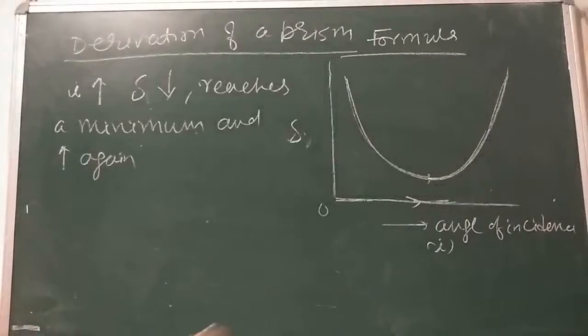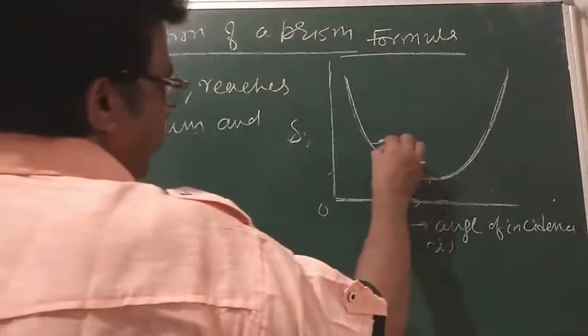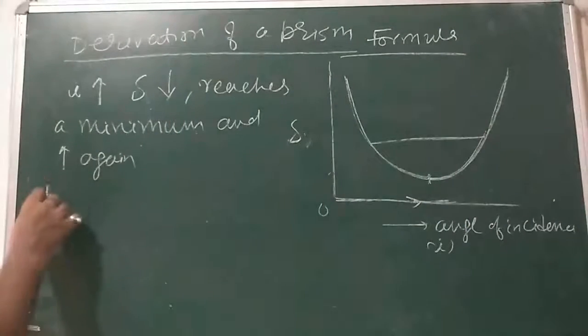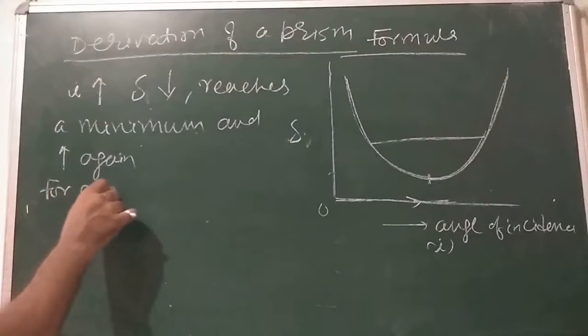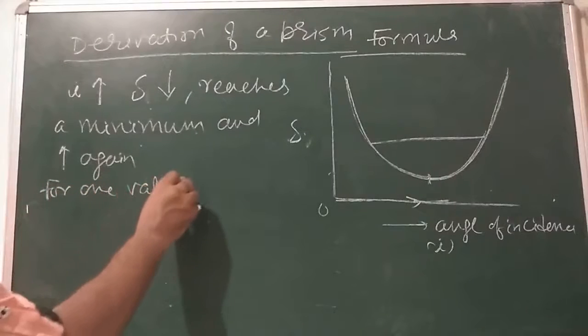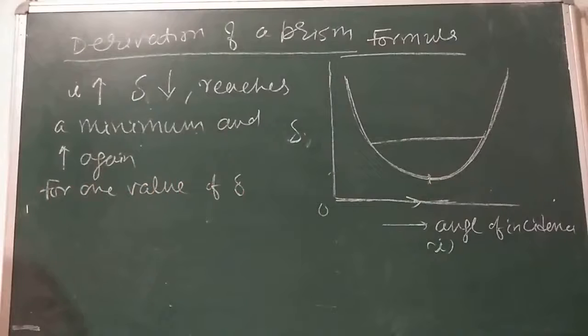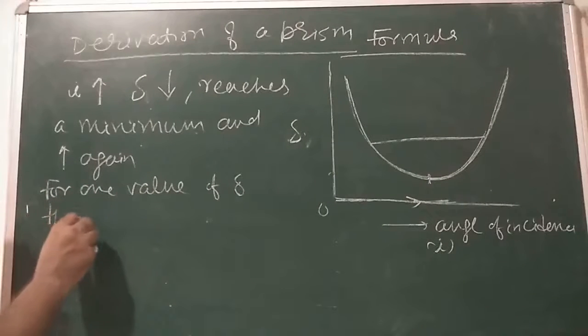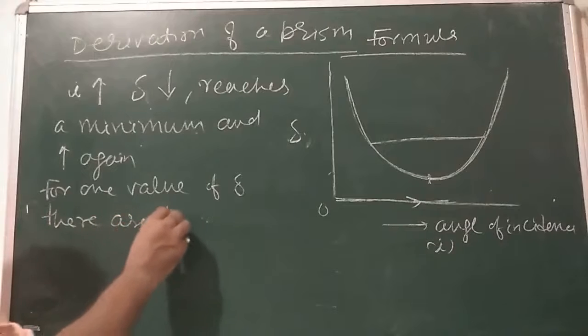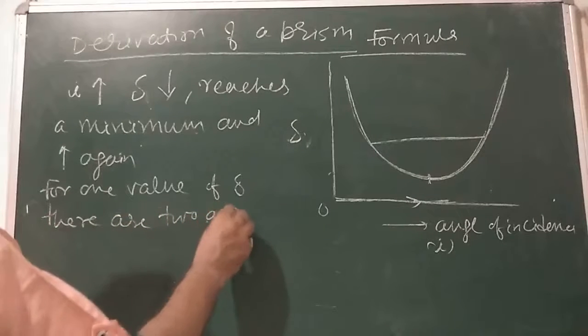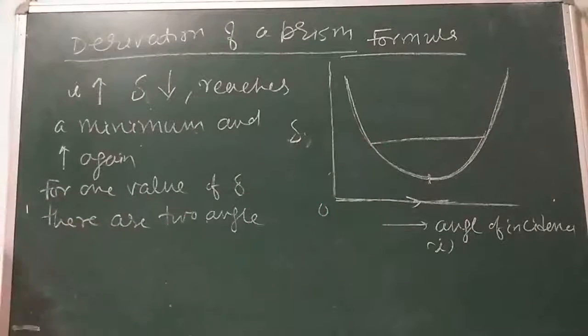So for one value of delta, there are two angles of incidence here.